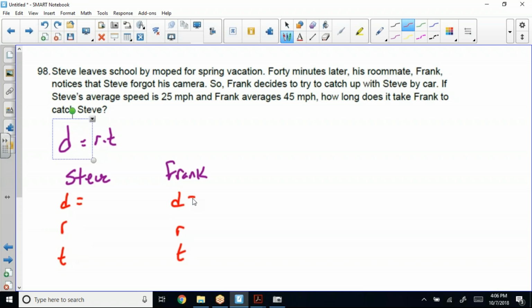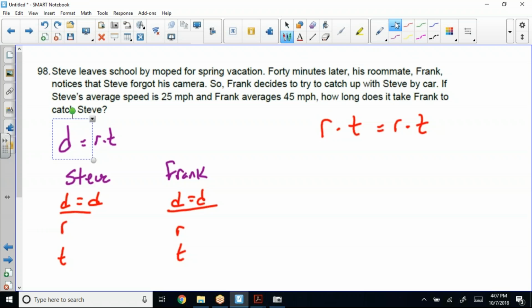Well, they're driving the same distance, right? If Steve is 10 miles down the road from the house he left from, and Frank catches up with him 10 miles down, their distances are the same. So I'm going to take R times T equals R times T, because their distances, guys, are the same, okay?